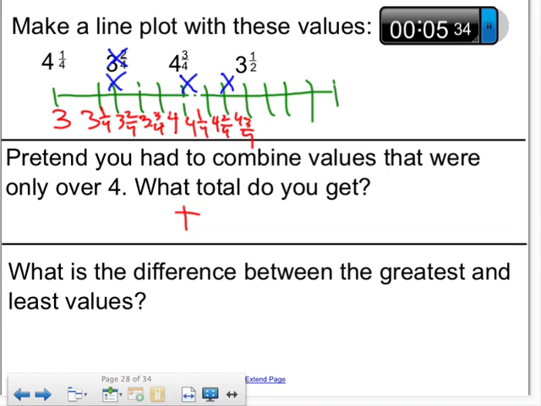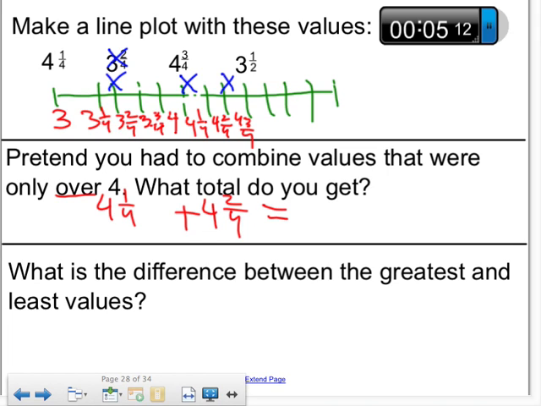3 and 2/4 is not over 4. 4 and 1/4 and 4 and 2/4, right? You wouldn't count the 3s because they're not over 4. So who can help me add this?